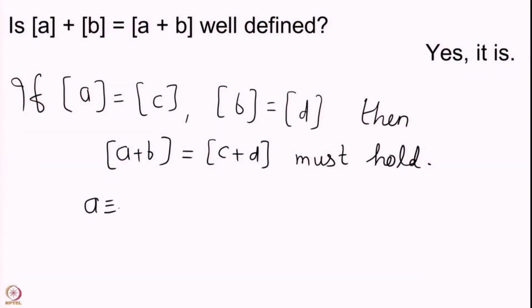First of all, because the class of A is the class of C, we have that A is congruent to C mod n. This is something which is given to us, and we have that B is congruent to D mod n.